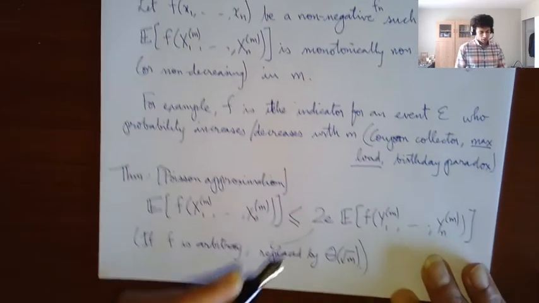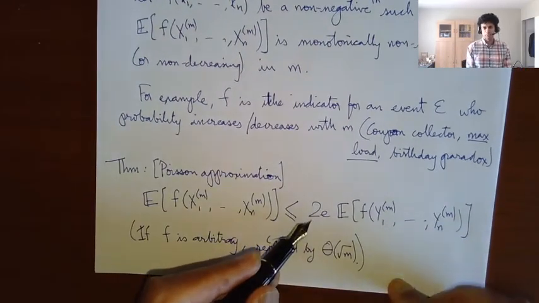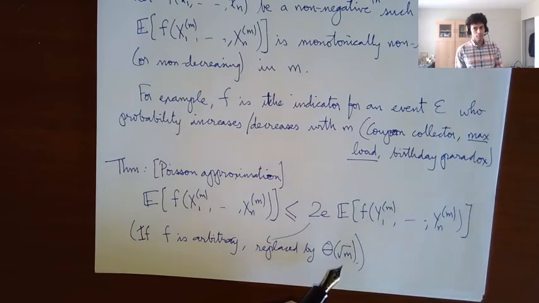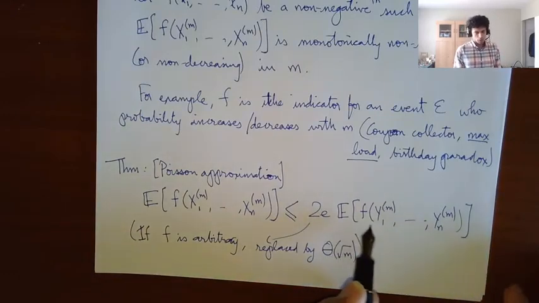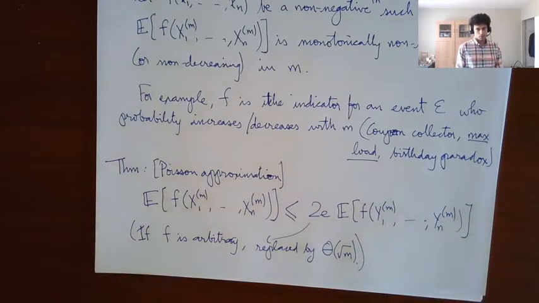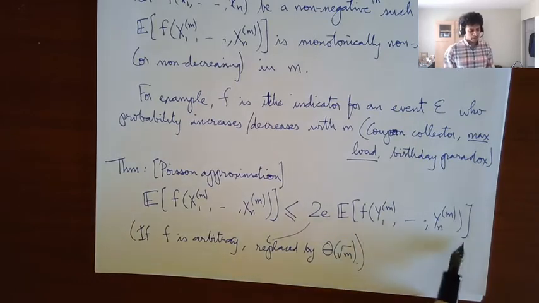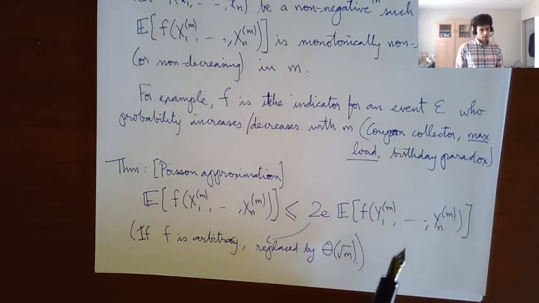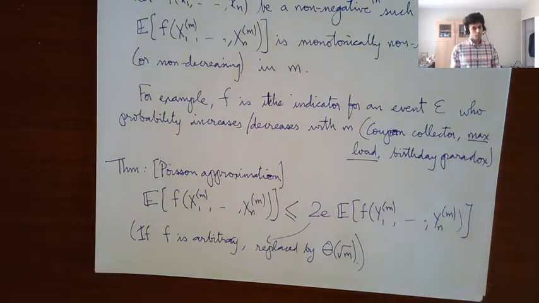So you get a dependence on m, but root m is not that big. If you're trying to prove tail bounds where the probability goes down polynomially in m, not exponentially, the root m is not that bad. As long as you can get a tail bound over here which is less than 1 over root m, then you'll get some non-trivial bound over here.